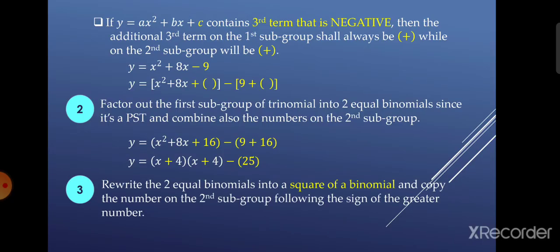Step 3. Rewrite the two equal binomials into a square of a binomial. Then copy the number on the second subgroup following the sign of the greater number. So y is equal to x plus 4 squared, then minus 25.